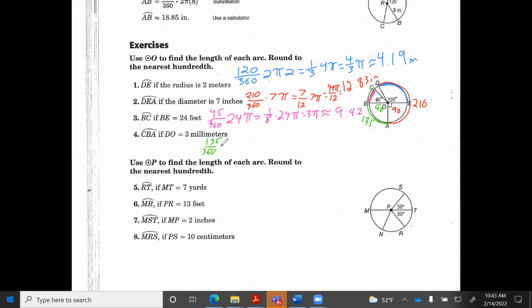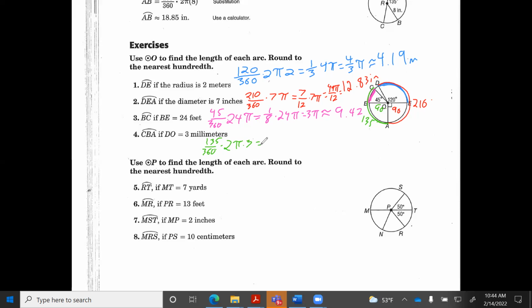Okay. So we got 135. That's this entire thing, 135 degrees for the green arc. Then we got 3 millimeters. That's for DO. What's DO represent? A radius. So we need to make sure we use a formula for circumference that uses radius. So 2 pi r. So 2 pi times 3. Now that one doesn't reduce as nicely.